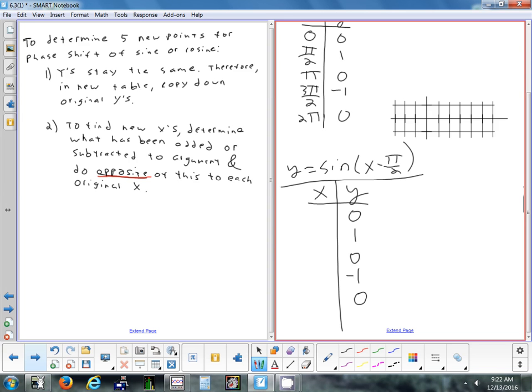I'm going to take all the original x values, 0, pi over 2, pi, 3 pi over 2, 2 pi. And what am I going to do to each one of those values? I'm going to add pi over 2. Do the opposite. And we're going to write everything as an exact answer.